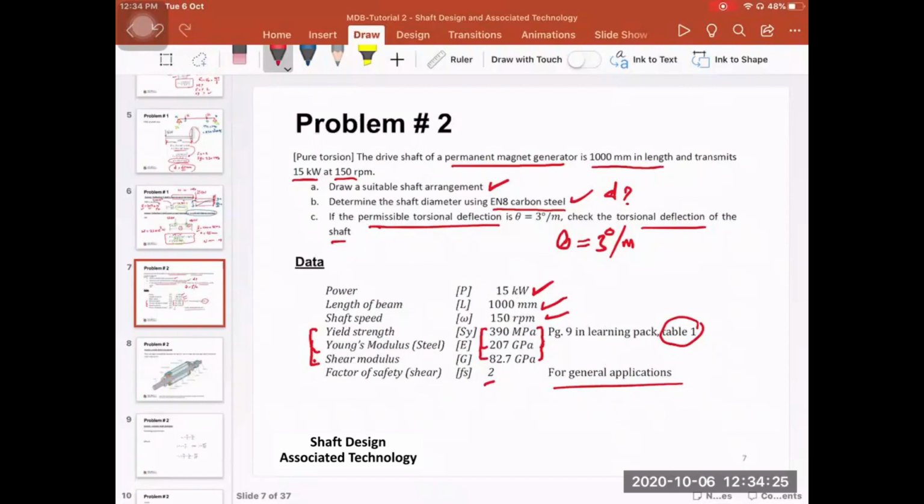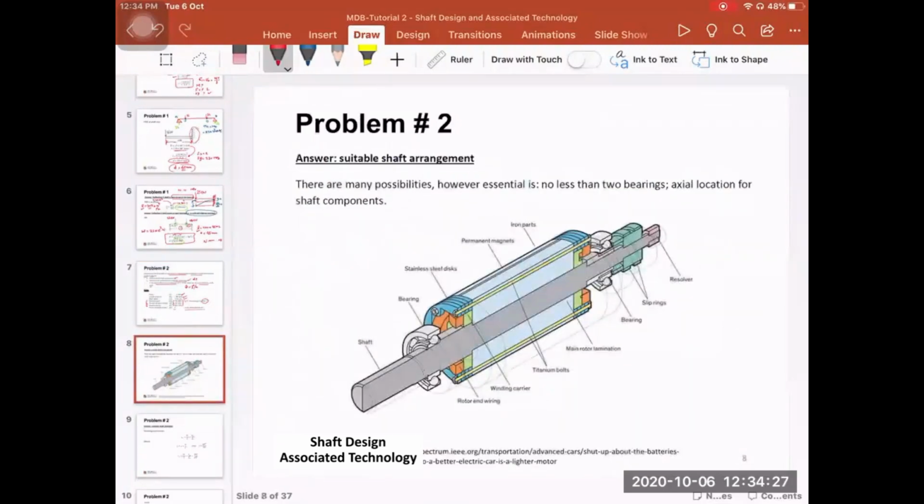So first, the suitable shaft arrangement. Actually, there are many possibilities here, but essentially you need to have a shaft with bearings and some sort of stepped shafts in order to locate the components. In fact, this is a shaft of a motor, not a generator, but I just thought to give you one example.